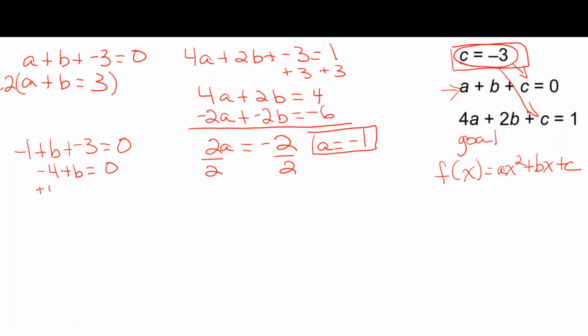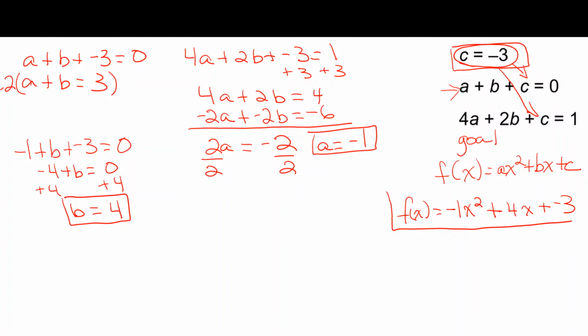Let's add 4 to both sides, so we end up with b equals 4. Now I have three variables, and I need to go back and rewrite it into my quadratic function. So f of x equals a, which is negative 1, x squared, plus b, which is 4x, plus c, which is negative 3. And so here is my final answer.